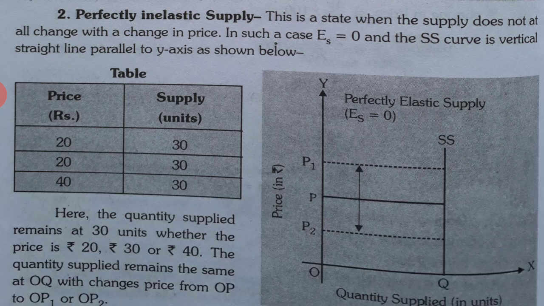When it is perfectly elastic supply, it is parallel to x-axis. In case of perfectly inelastic supply, it is parallel to y-axis. So you are seeing a graph and a table on your screen. Prices are rising 20, 30 and 40, and supply cannot be increased. Supply is remaining same. So this state also is an imaginary state in an economy. Why?